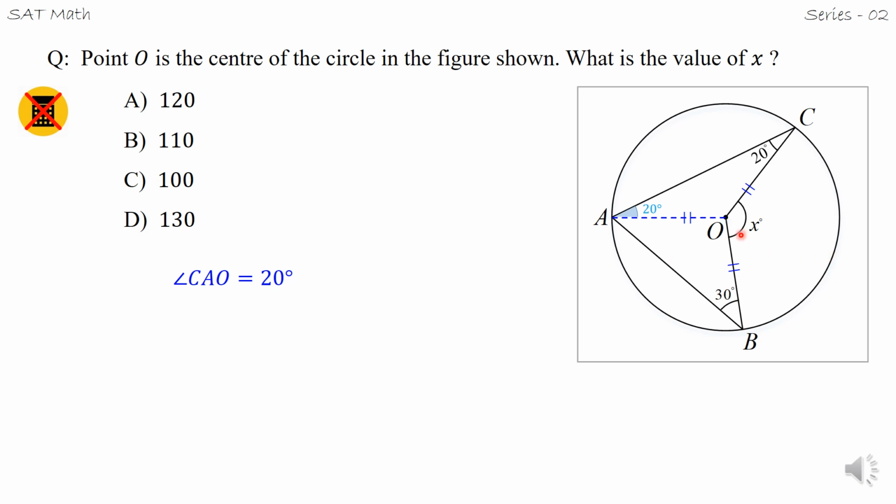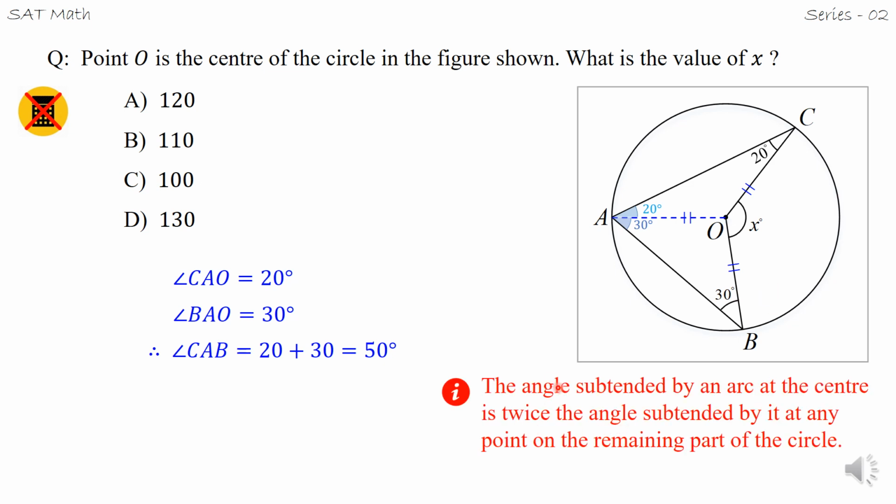And we know that OB also is a radius, so they are also equal. So since these two sides are equal, this angle BAO is 30 degrees. So adding these two, angle BAC equals 50 degrees.